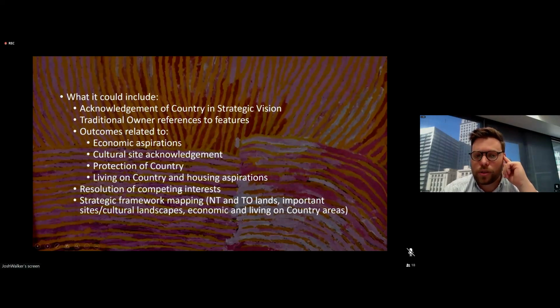Acknowledgement of cultural sites, protection of country, a big one was visual amenity. So those landscapes, that might be one, or just flat out protection of particular locations, which by protecting biodiversity or the environmental outcomes that are there, you're also de facto protecting the cultural heritage sites that sit within that.